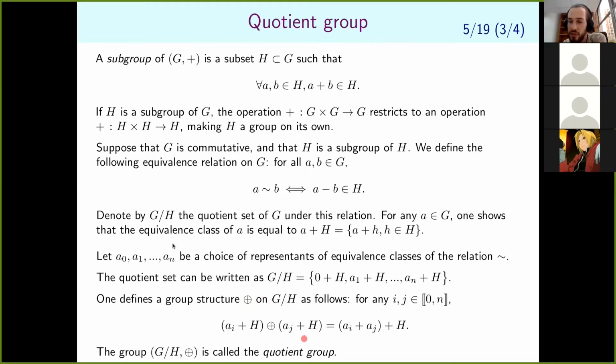If I have two equivalence classes, ai plus H and aj plus H, I say that their sum is ai plus aj plus H. This is an equivalence class. You can show that this gives the quotient set a group structure, and we call this group the quotient group.